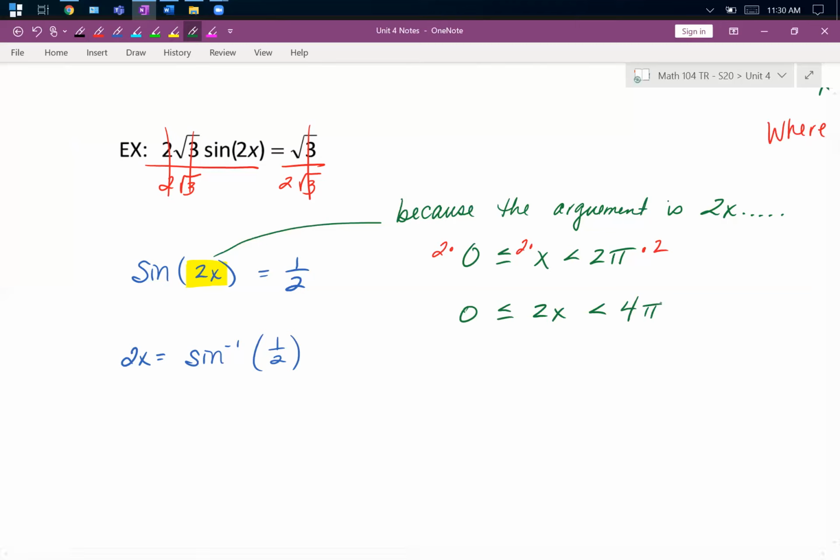So that means that, in the next step, instead of saying where from 0 to 2 pi does sine equal a half, we're actually going to say where between 0 and 4 pi is sine equal to 1/2. Basically, we need to go 2 trips around the circle when getting our answers.